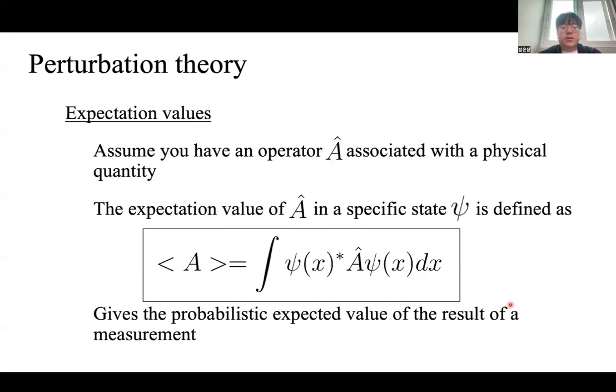So expectation values give us the probabilistic expected value of the result of a measurement. In a way, this is what gives us the actual observables that we measure. So the expectation for energy is what we calculate if we're interested in the energy of a system. And the way you calculate it is that we put the operator that we want to calculate in the middle. So for energy, this would be H, the Hamiltonian operator.